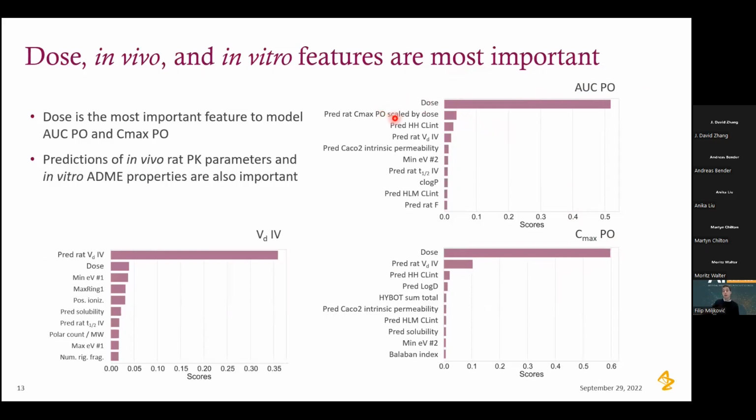However, other ADME and PK properties, such as predicted Cmax from rat, were also important, which was in line with what we expected, having animal species involved, but also in vitro experiments. On the other hand, volume of distribution had predicted rat volume of distribution as the main feature, and then other components describing 1D and 2D descriptors of the chemical structure were found to be most important.